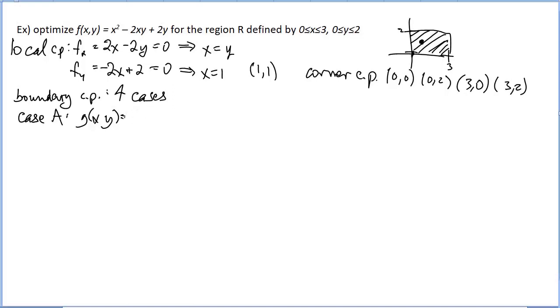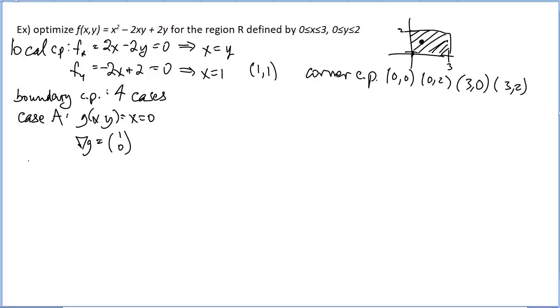The gradient of g with respect to x is 1, with respect to y is 0. So now we make our equations. We previously calculated the gradient of f. We can pull it from over here because we have the partial derivatives.